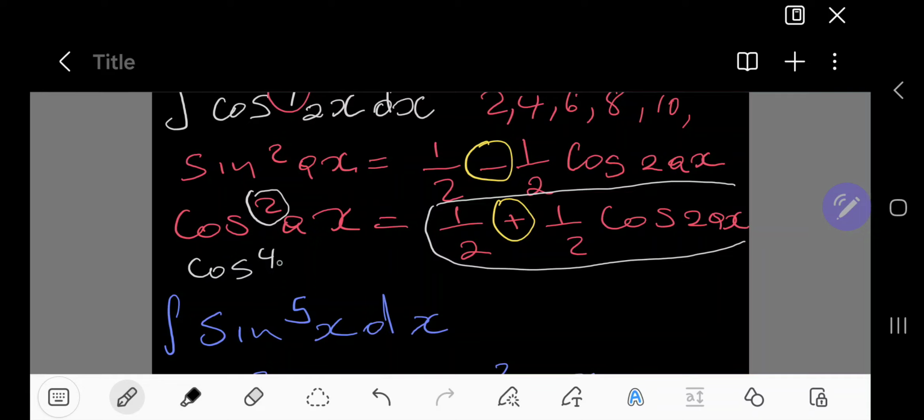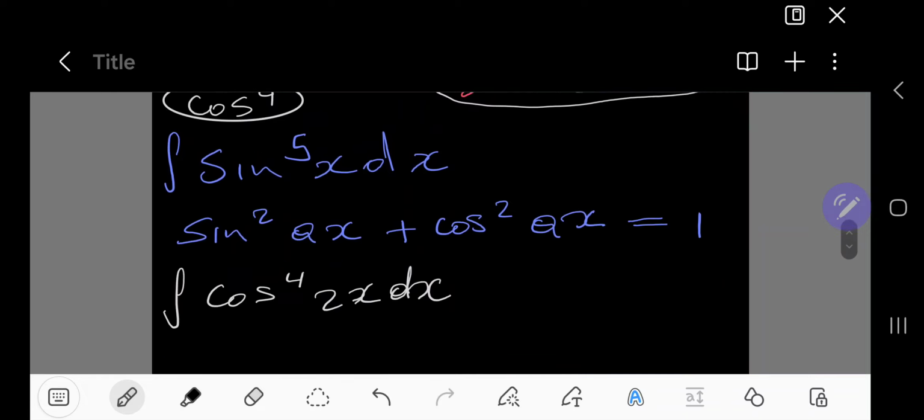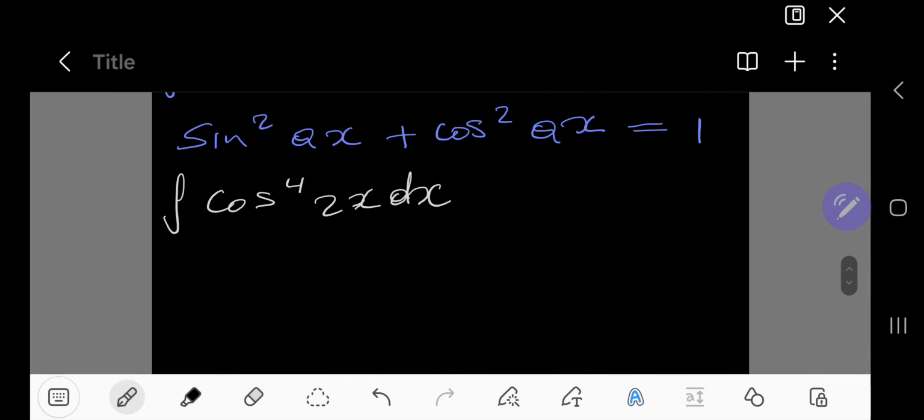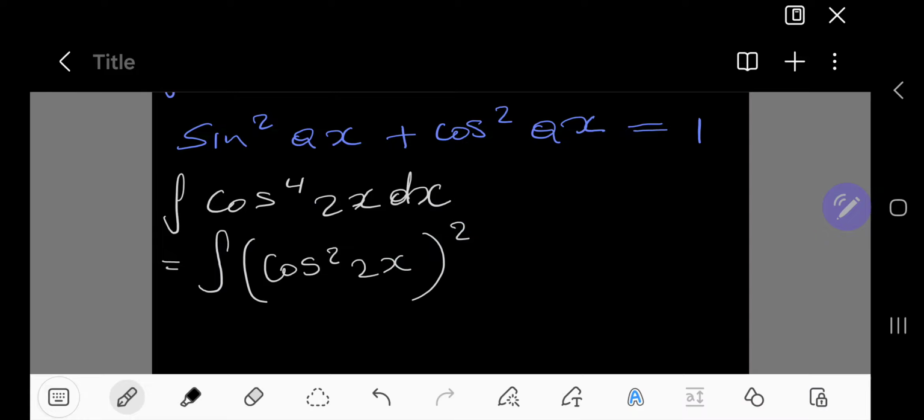That means we must change this to be similar to this one. So this we can also rewrite as cos squared 2x, then dx. That means we must square this.